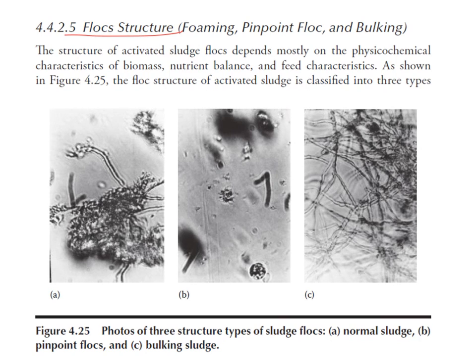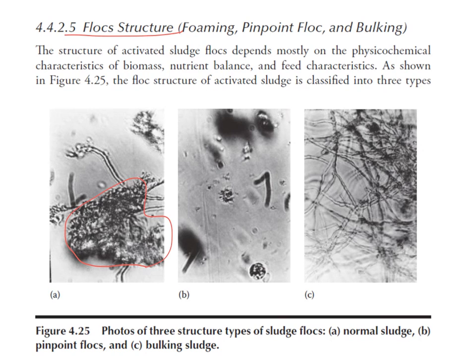So this picture actually shows the microscopic image of these different flocks, and the first one is the normal sludge, which means the particle size is larger, and we can see well-structured, well-formed microbial flocks consisting of many different microbial cells.